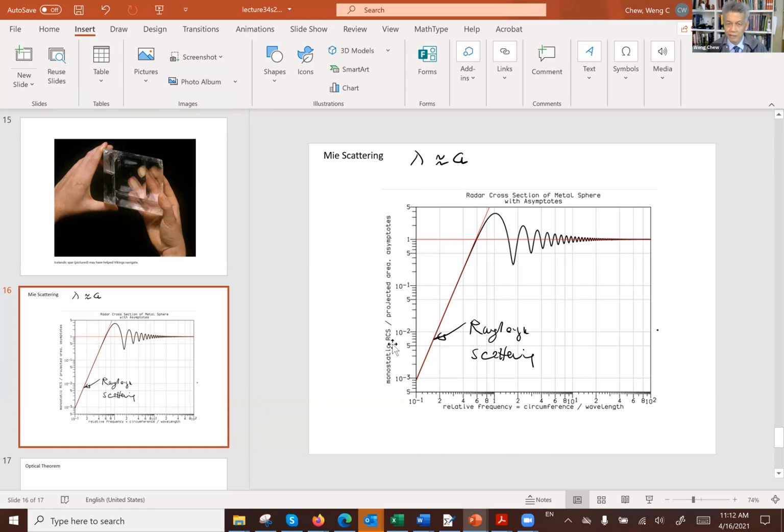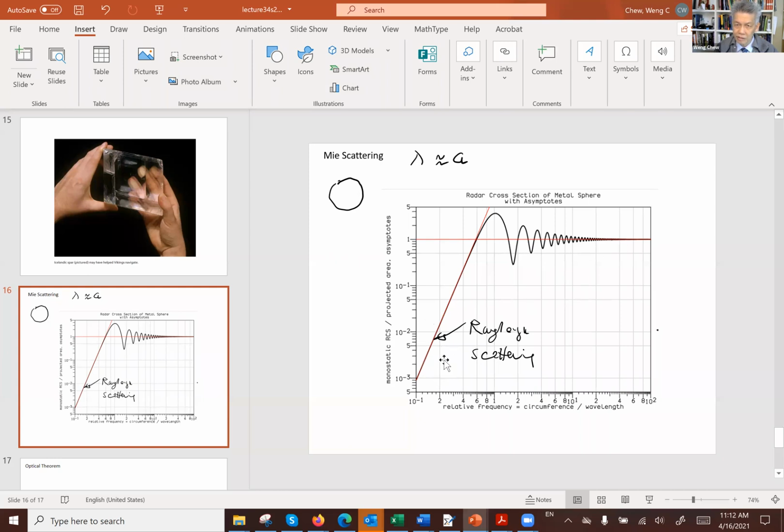Radar cross-section is a kind of scattering cross-section, so it has a unit of area. Okay, and then you take the cross-section of a sphere and use that to be the projected area of a sphere. If you normalize these two, and as the frequency gets high, it is going to see this as a flat disk. That's why when the frequency gets very high, this ratio becomes 1.